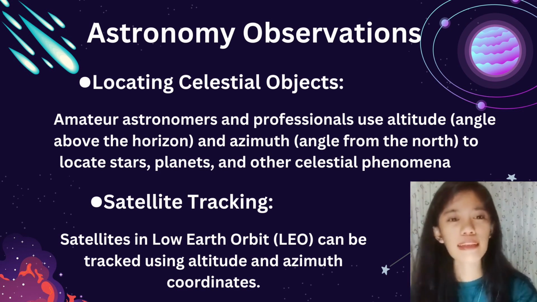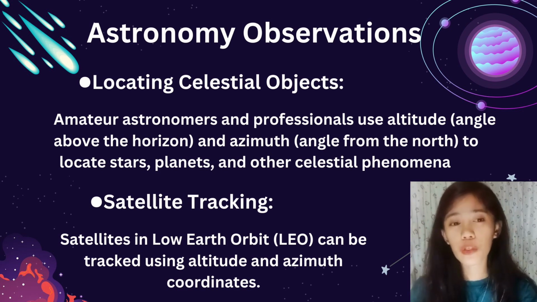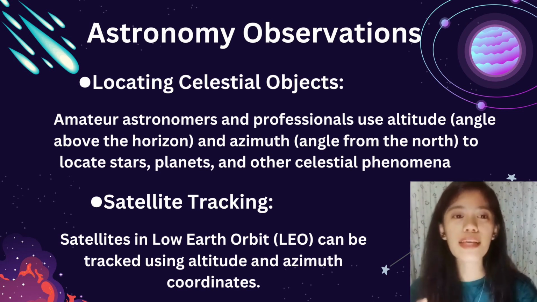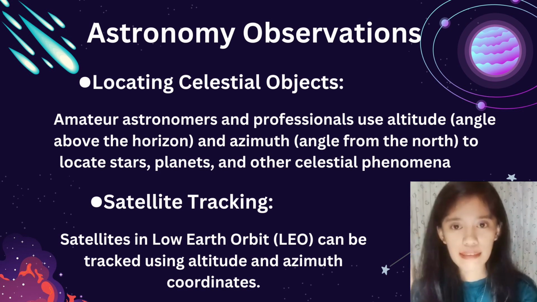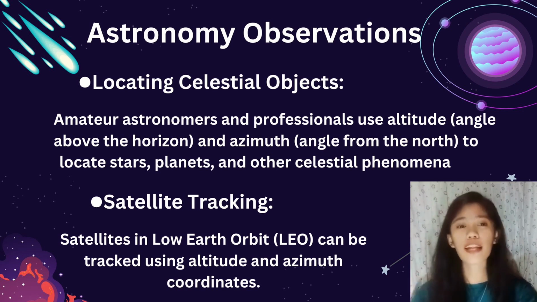And there is what they call TLE, that means two-line element. To track satellites, observers typically use a set of orbital parameters called TLEs. These parameters provide data about the satellite's position, velocity, and orbit around time.